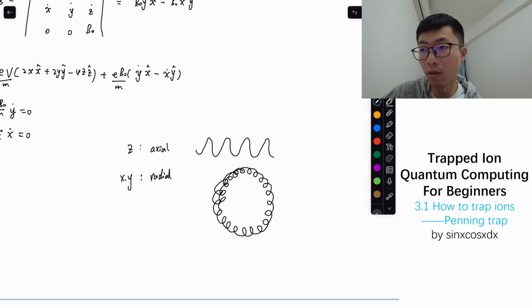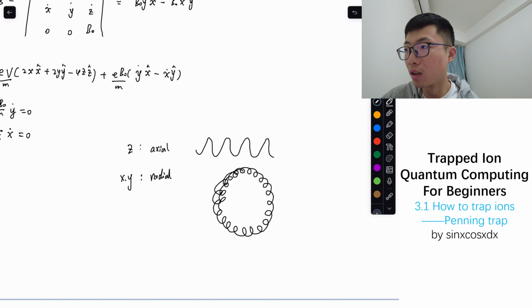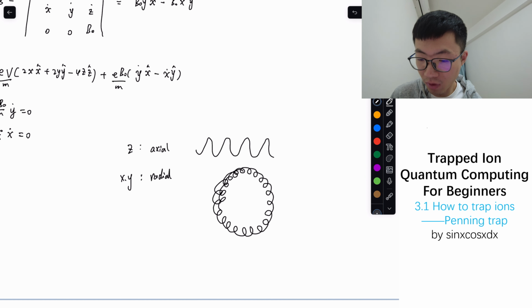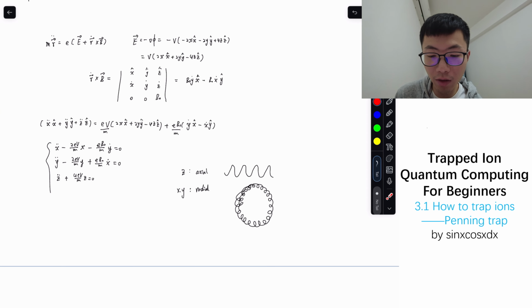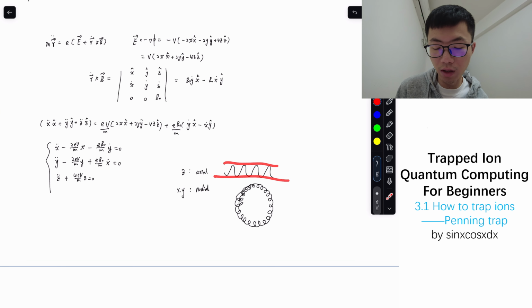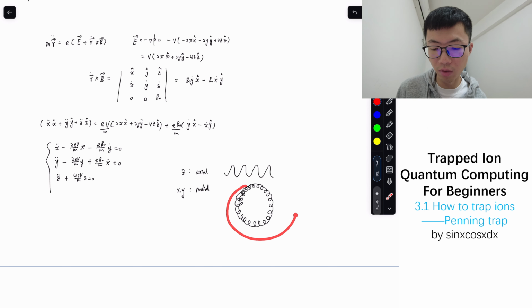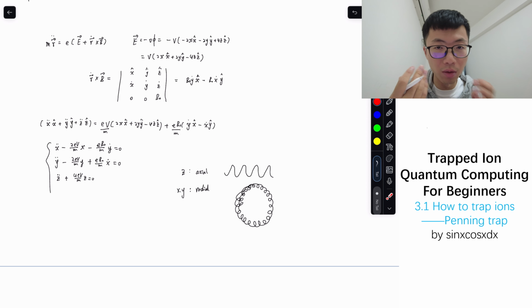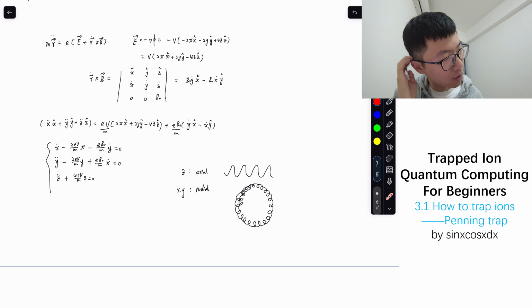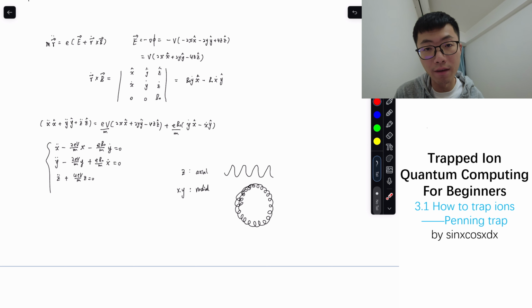So we have calculated how the ions move, and we can see that in the z direction, it just moves in this range, and in the xy direction, it's moving in this range, and it will not go away. So we can use the static electric field and the static magnetic field to confine the ions.